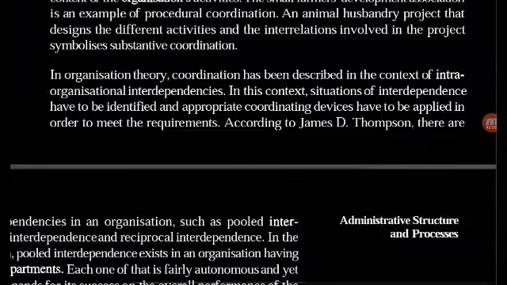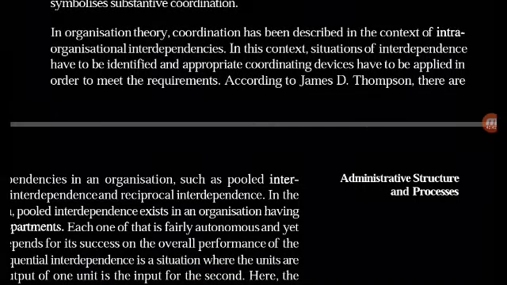In organization theory, coordination has been described in the context of intra-organizational interdependence. In this context, situations of interdependence have to be identified and appropriate coordinating devices have to be applied in order to meet the requirements.